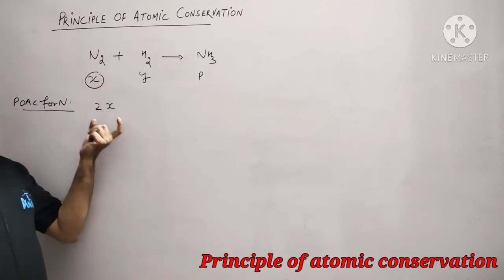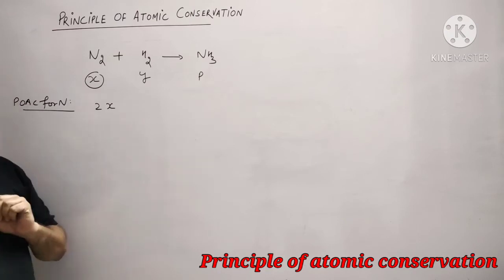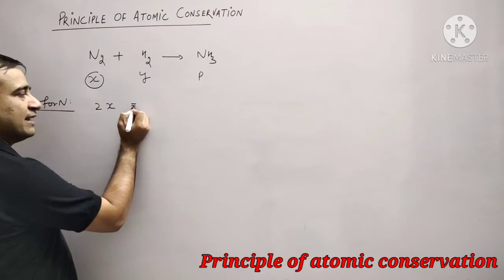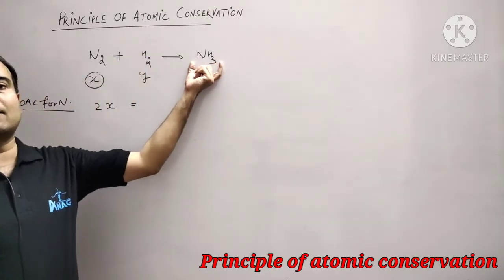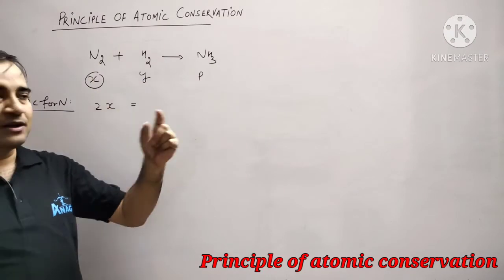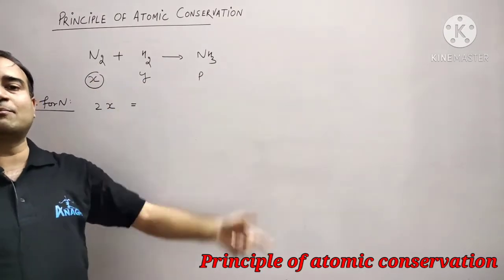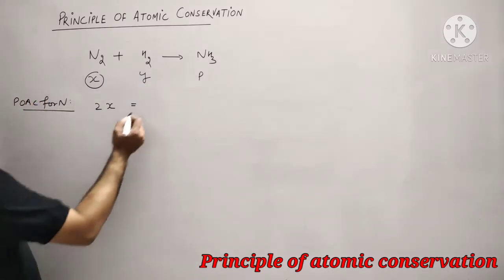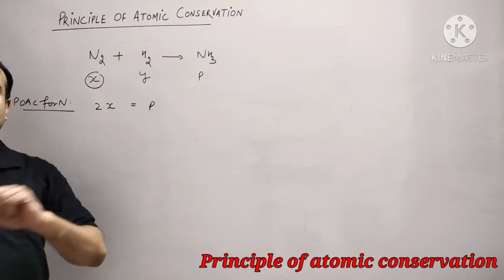So 2x is the number of moles of nitrogen atoms on the reactant side. And what is the scenario at the product side? We know the atomicity of nitrogen in ammonia is 1. So if P moles of ammonia are formed, what will be the number of nitrogen atoms? It is again equal to P, as the atomicity of nitrogen is 1.